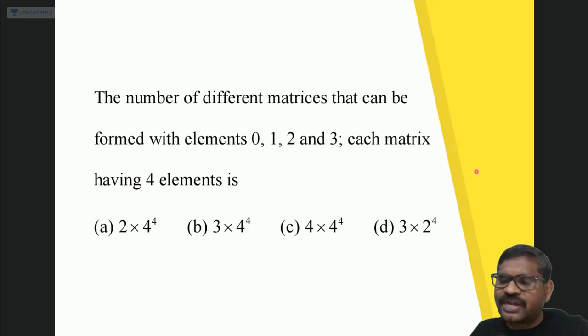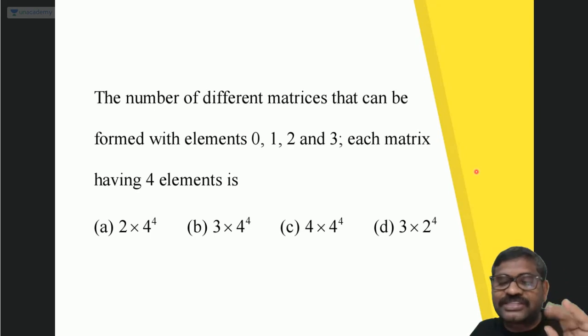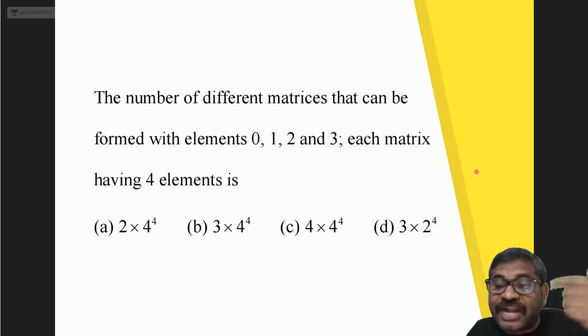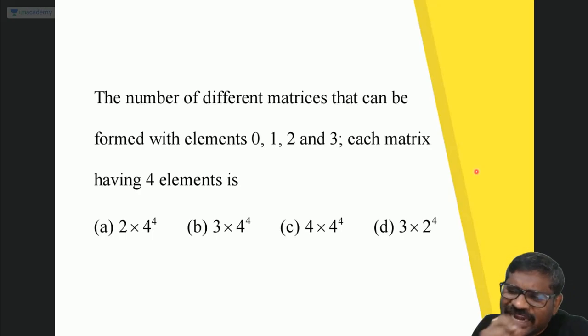Okay? Definitely, I will conduct the poll. Let me explain. The number of different matrices that can be formed with the elements 0, 1, 2, 3. You have only 4 elements. With the help of 4 elements, how many different matrices you can generate? That is your question. Okay, so in the problem, is there any hint about the order of the matrix?